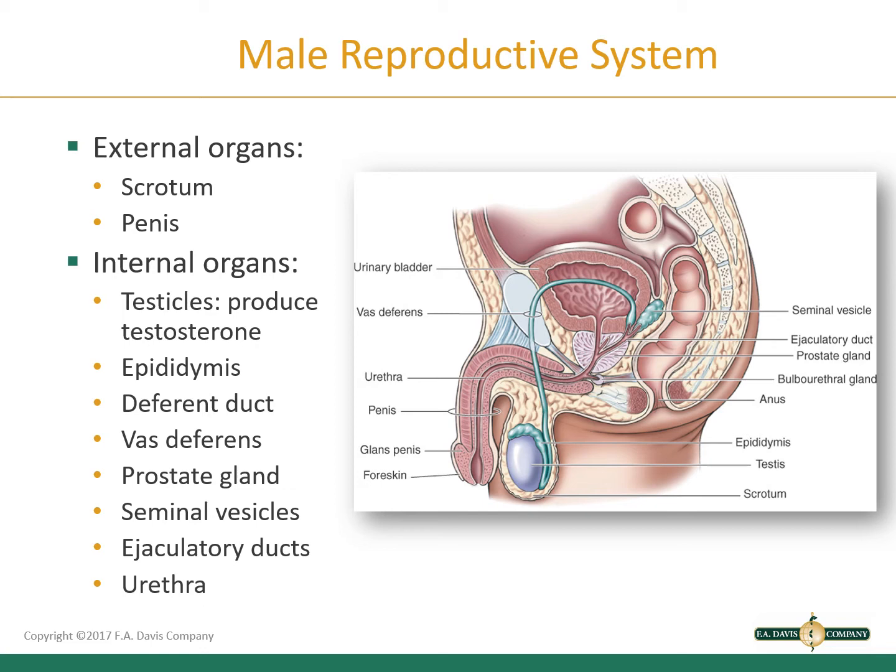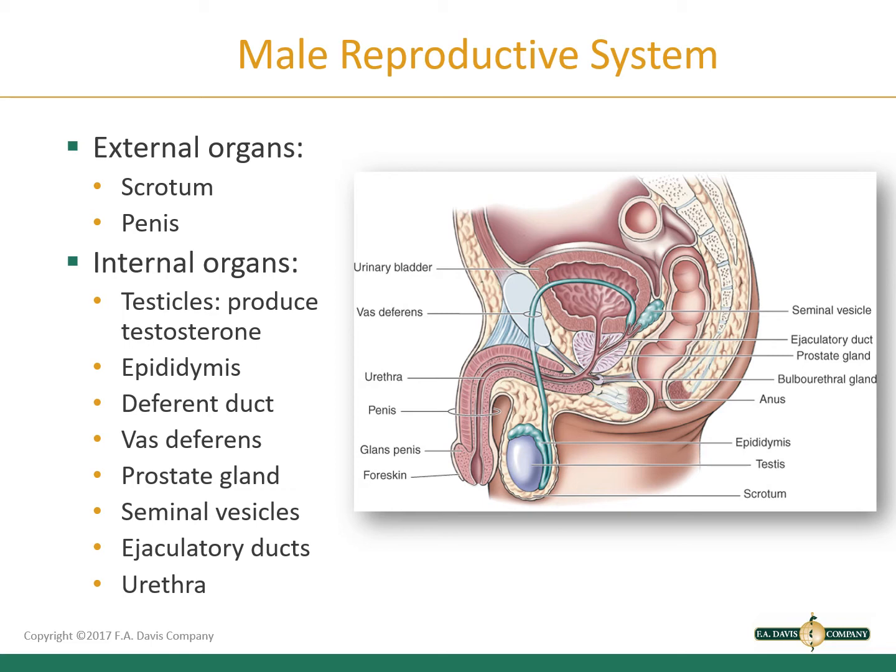This tissue has spaces, and those spaces will fill with blood, causing the penis to become erect. The arteries that supply the blood to this region become dilated and filled with blood, so that will produce the erection. Semen is expelled, or ejaculated, through the end of the penis when a male reaches climax.